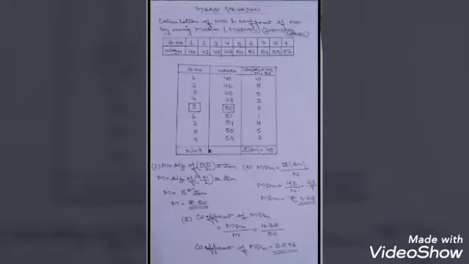We have 9 items, so 9 plus 1 upon 2th item. 9 plus 1 comes to 10, and if you divide 10 by 2, you get the median as the 5th item. Now children, you have to find this 5th item, and in front of the 5th item you get the wage 50. So that means your median is 50. We put M equals 50.